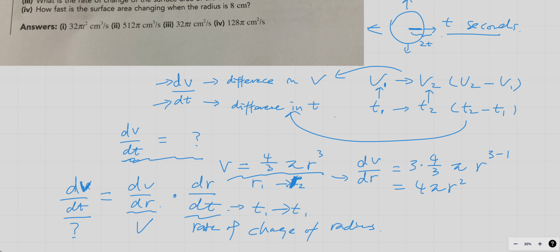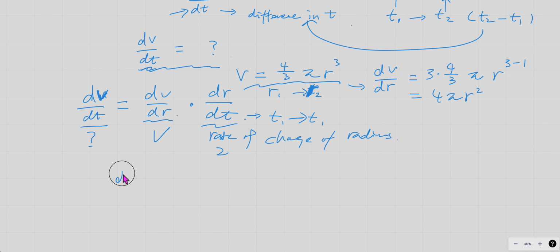After t seconds, its radius has grown to 2t. So what's the rate of change of your radius in this case? 2t over t, which is 2. So therefore, dV over dt is equal to dV over dr, which is 4 pi r squared, times the 2.